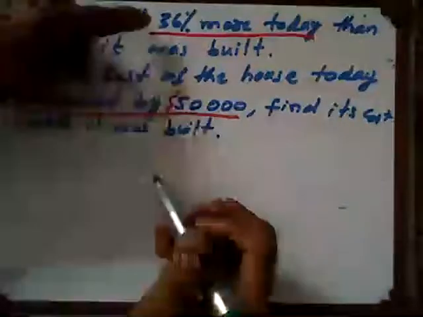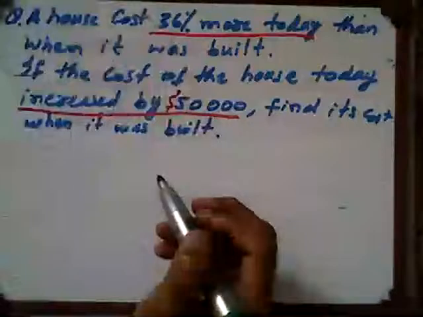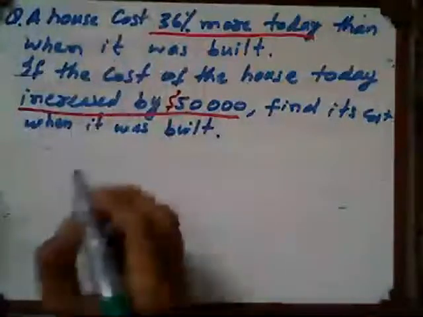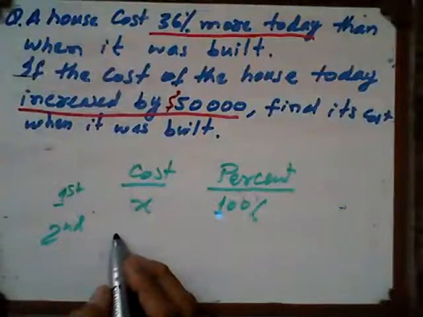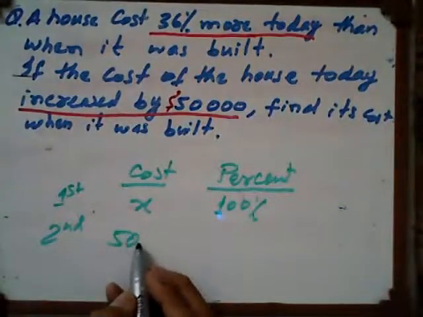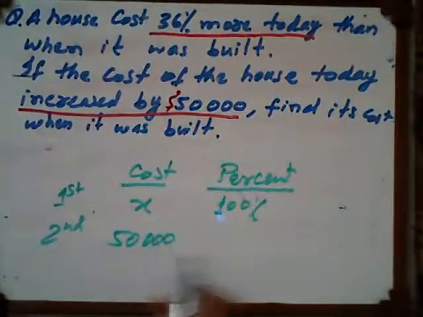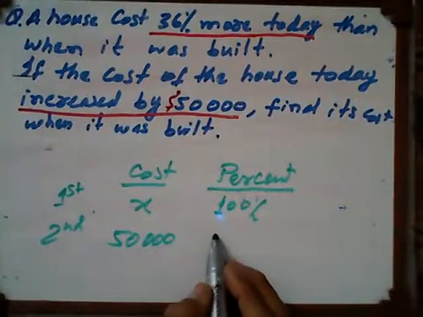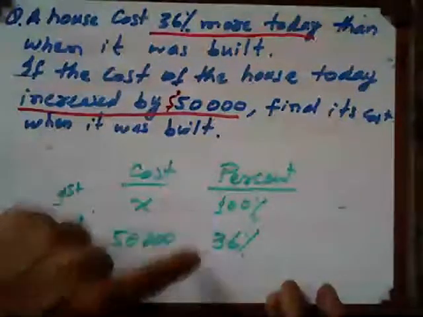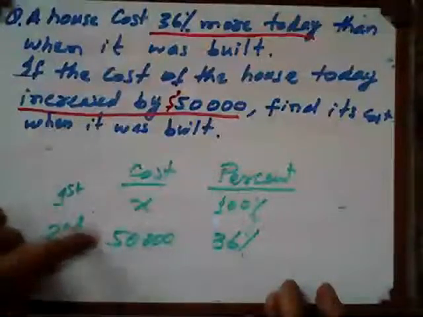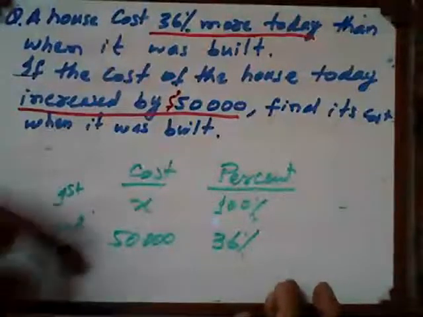So it means this is 36%. Okay. So it means we know increased value, which is 50,000, and increased percent. Now we will be converting 36% into 136%. Then we need to find the 100% of it. So this will be a difficult one.